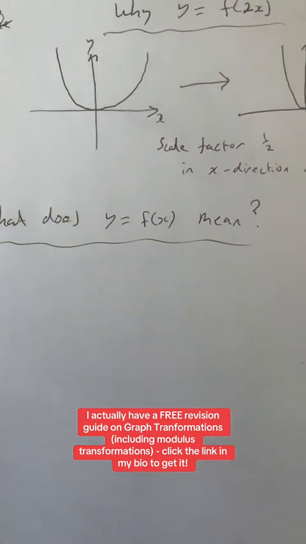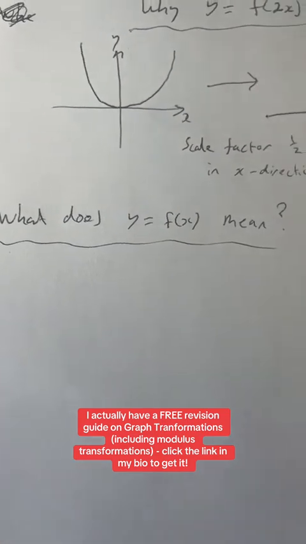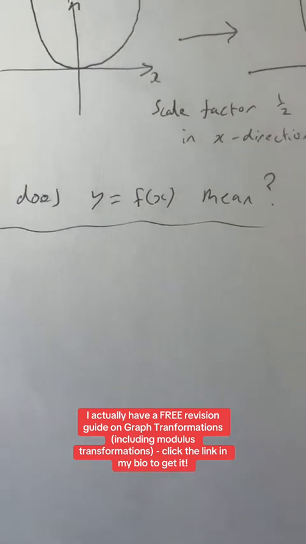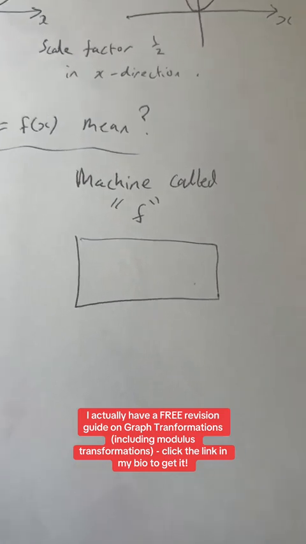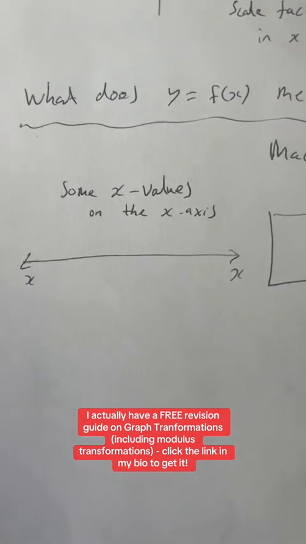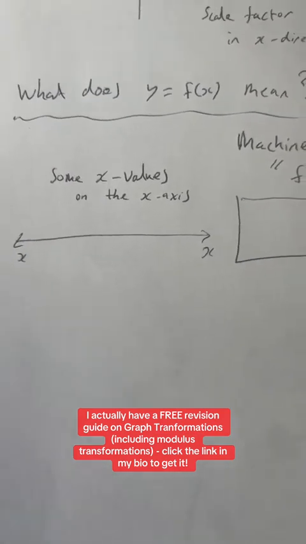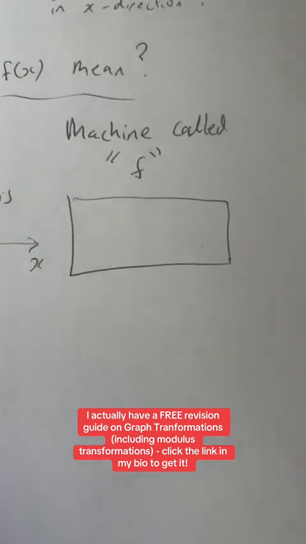So to answer the question, we need to go back to basics a little bit and think about what it means for y to be equal to f of x. If we go back to Key Stage 3 or GCSE, you would have seen these function machines. The idea is that we've got some x values on the x-axis, and we're going to plug all these x values into this machine.